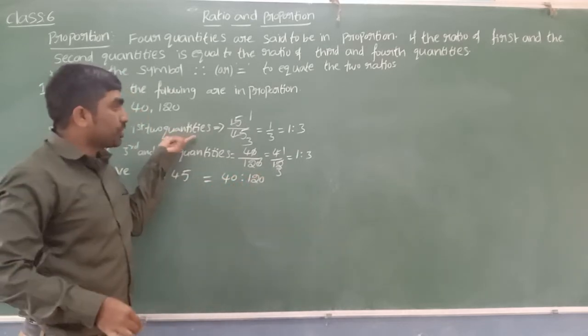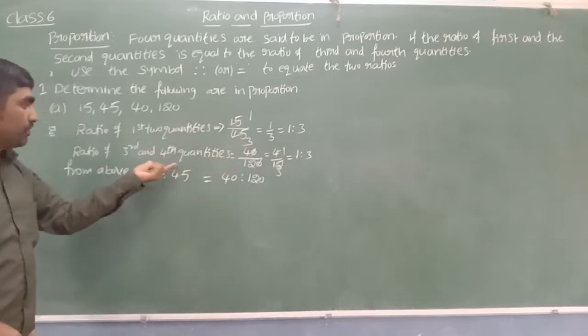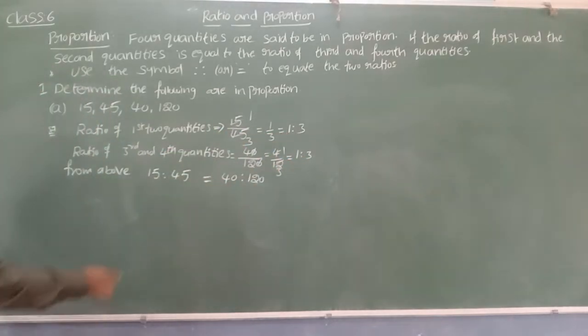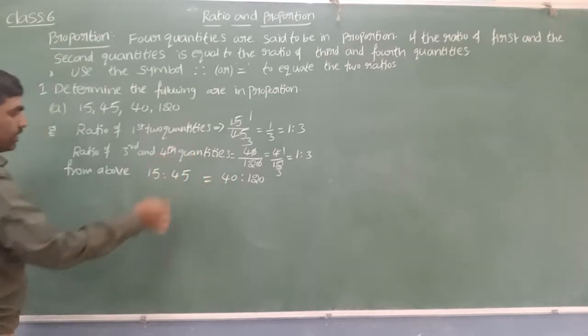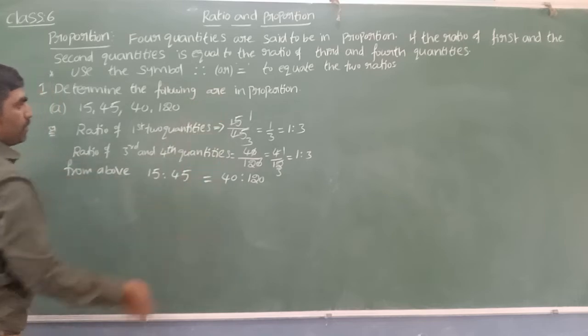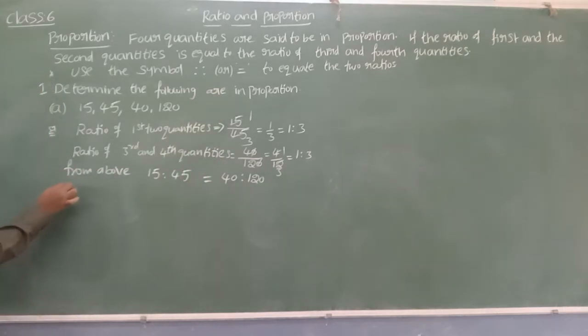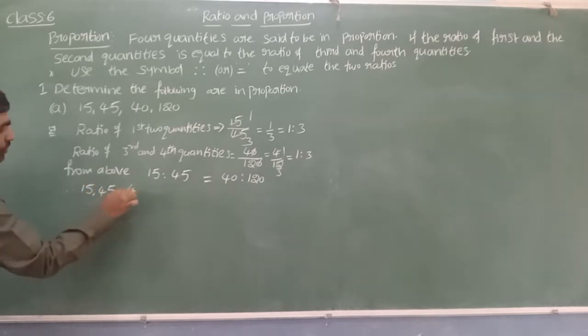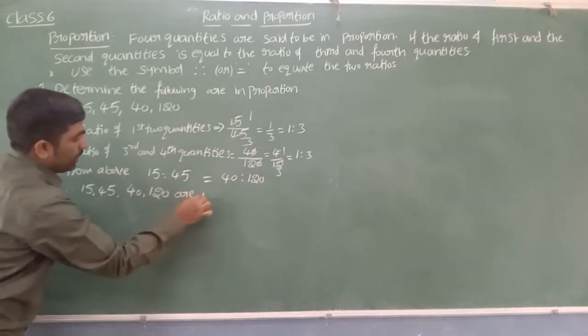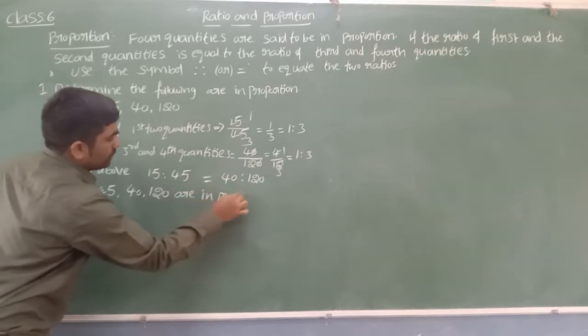First two we got 1:3, third and fourth we got 1:3. Both the ratios are equal. So the equality of two ratios is called proportion. Therefore 15, 45, 40, 120 are in proportion.